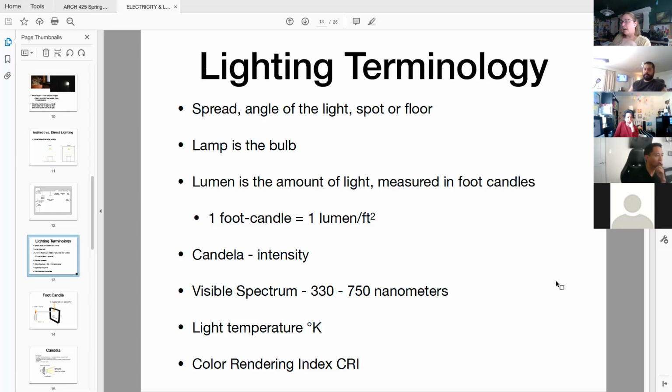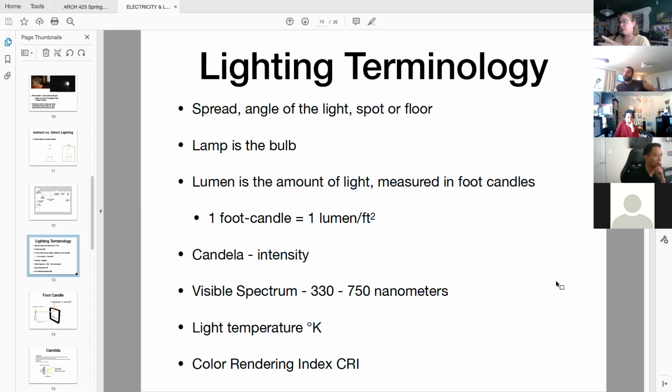Visible spectrum is the visible light that the human eye actually sees. There's a light temperature, which is measured in Kelvin, and then the CRI, which is the color rendering index. Between the temperature and the CRI is what makes up the quality of the light.